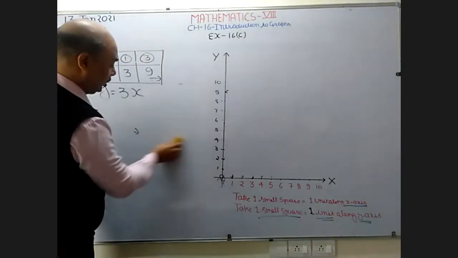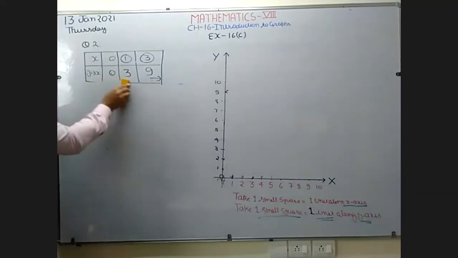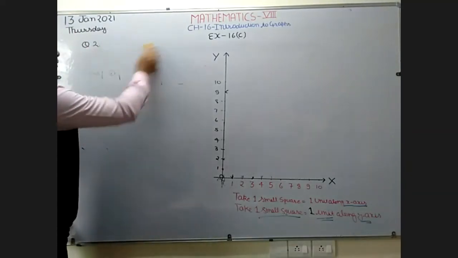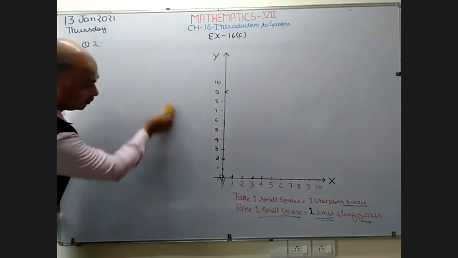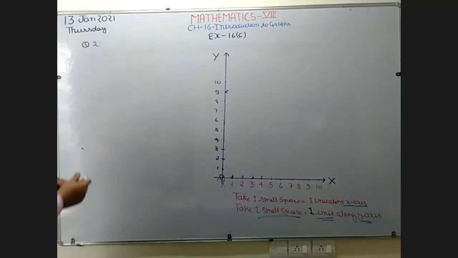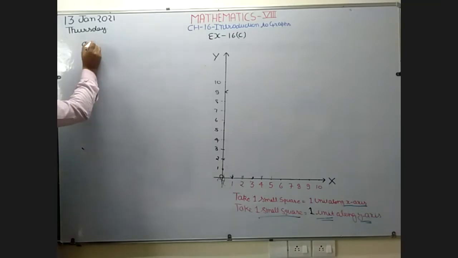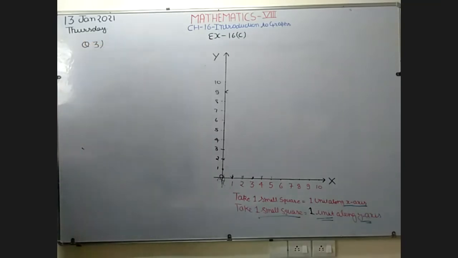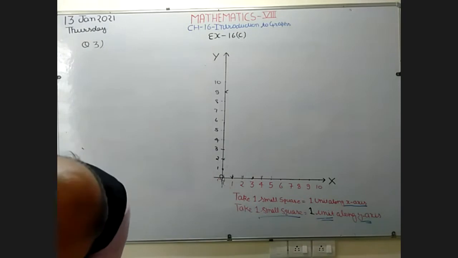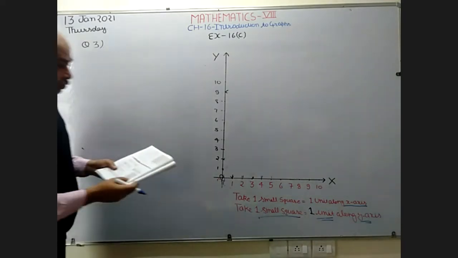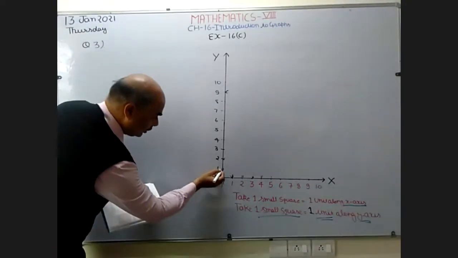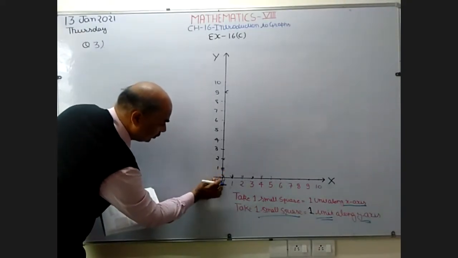Check this question number 3 in your book. Now we are going to solve question number 3. First I want to plot the points. The graph of this question is going to start with 1. This is the first point of this graph.